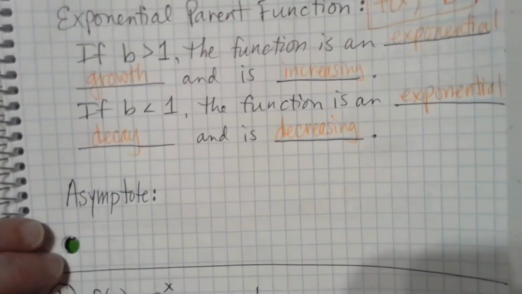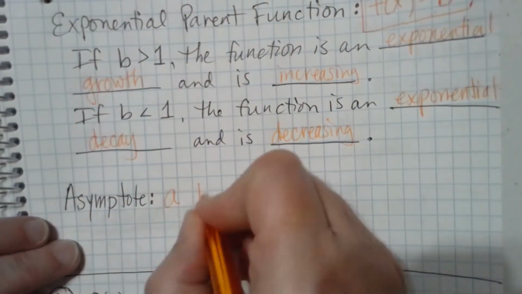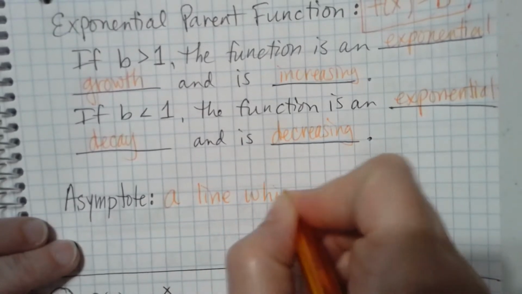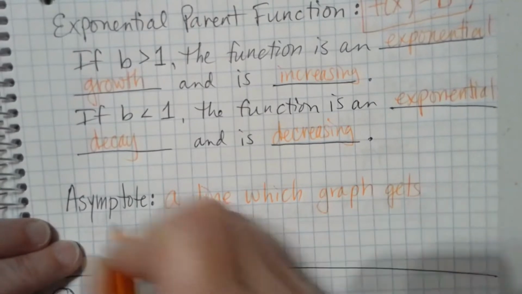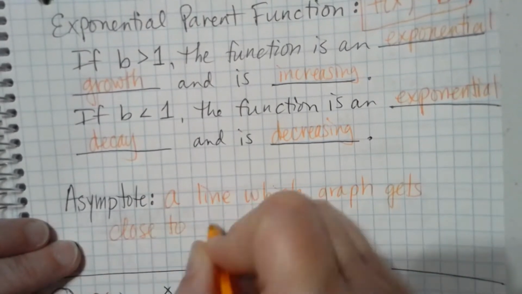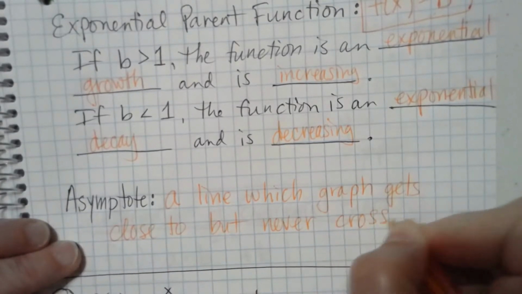Okay, so our exponential function is going to have an asymptote. Okay, remember an asymptote is a line which our graph gets close to but never crosses. Okay.